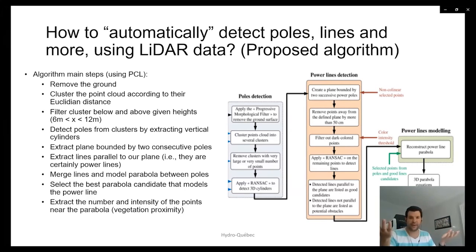Once we have the parabola, we can process whether there are vegetation points close to it. We can extract the number and the intensity of points near our parabola, and that gives us a good idea about the vegetation and how close it is to our overhead power line.